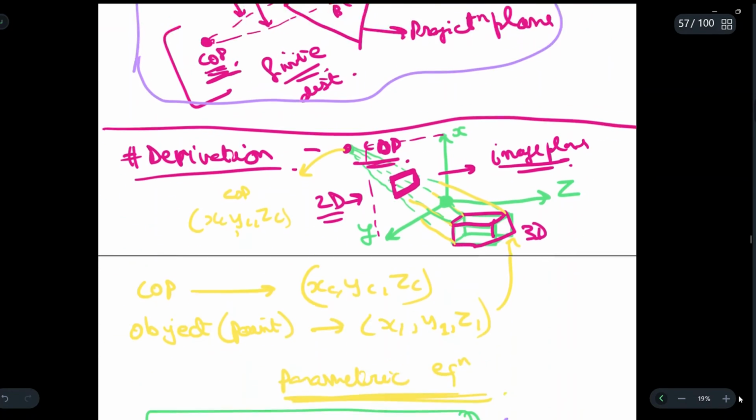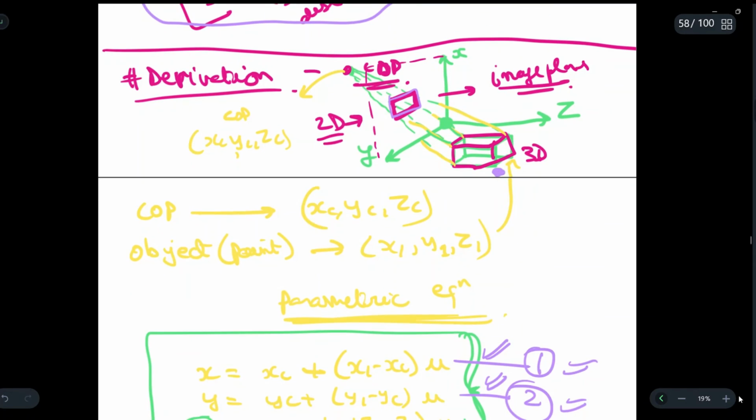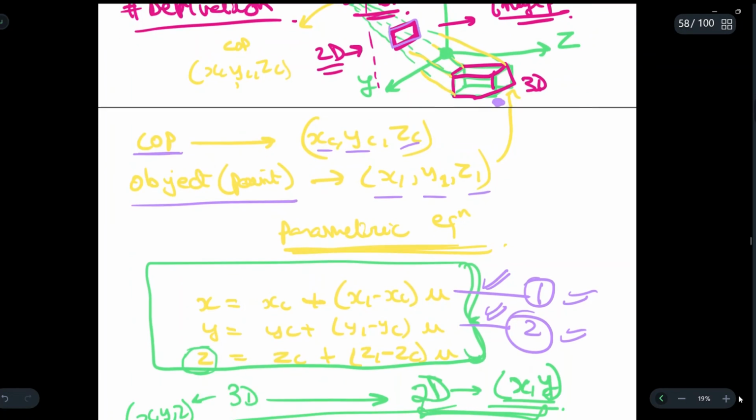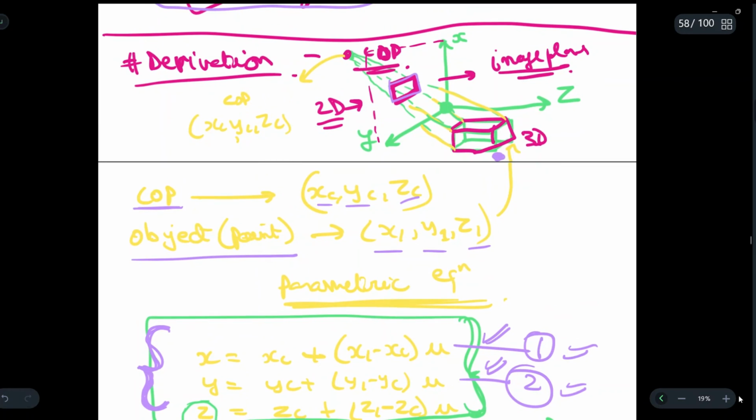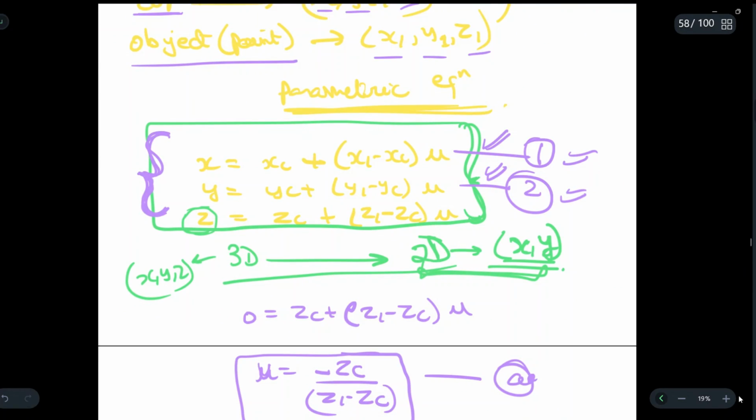Then we saw the derivation, in which we took a 3D object and displayed it on the xy plane. We took the coordinates of the COP as xc, yc and zc. Then we took the point on the object as x1, y1 and z1. Then we wrote the parametric equations for these 3 points which will be present on the projection rays. Now we know that we are projecting the image on a 2D plane, so only x and y will be present and z will not be there.